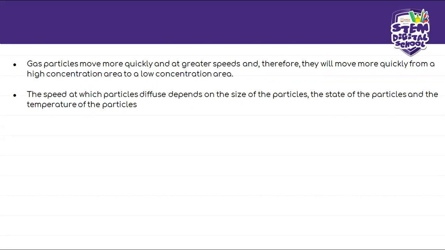And finally, the temperature of the particles. Whether the temperature is low or high, it has an effect. So in terms of temperature, we say temperature is the what? Average kinetic energy.